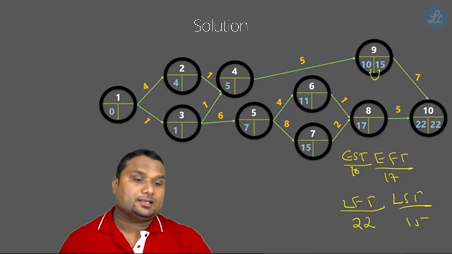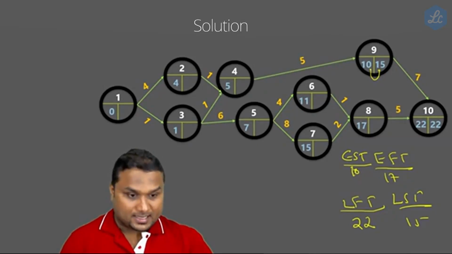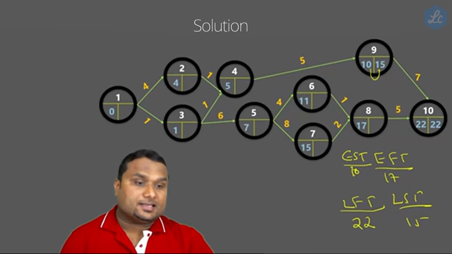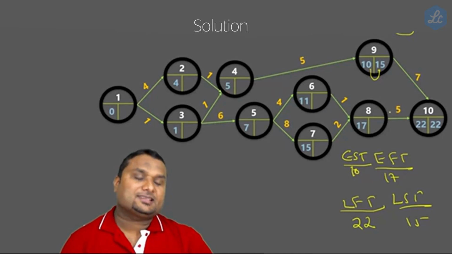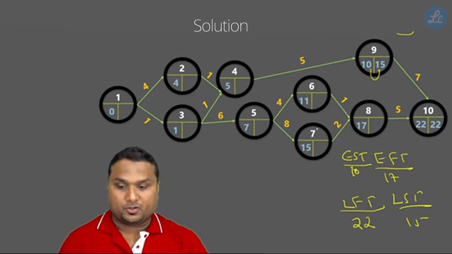You can start either on the 10th or on the 15th. That means 5 days of idle time, 5 days of leave you can give to your employee. This is called float. You can take 5 days rest over here and nothing will affect your project. That is the meaning of total float. Hope you got this clearly.